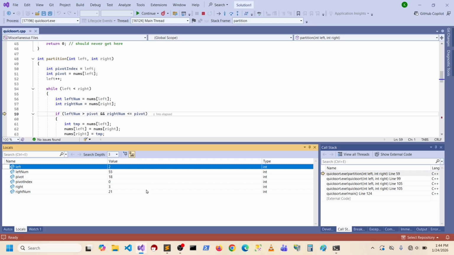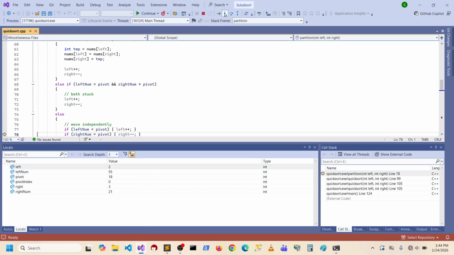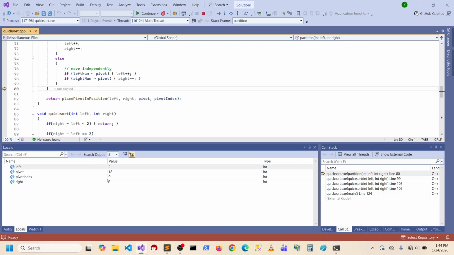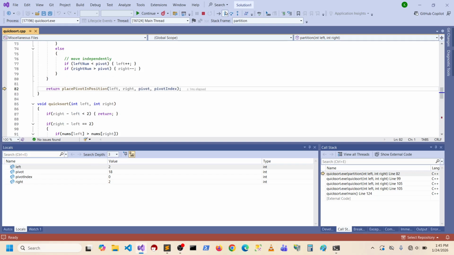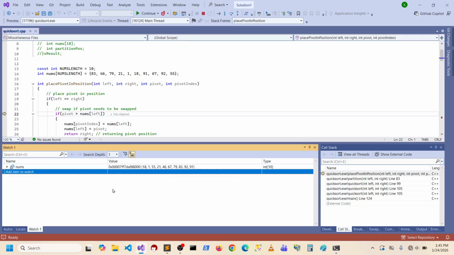55 and 21. 55 needs to. So left needs to swap. So right decrements to 2. Now they're even. So pivot is 18. 55.